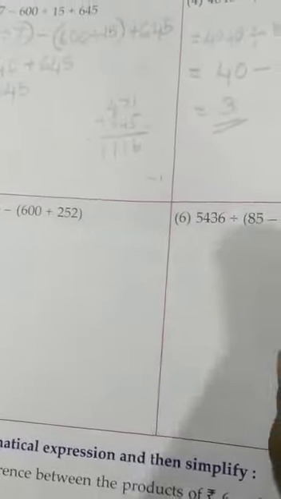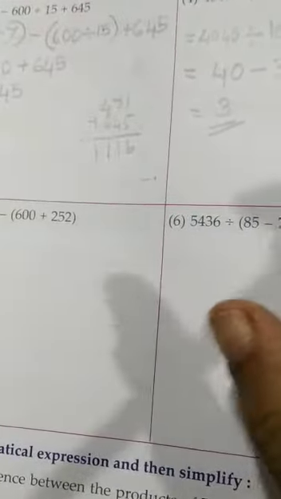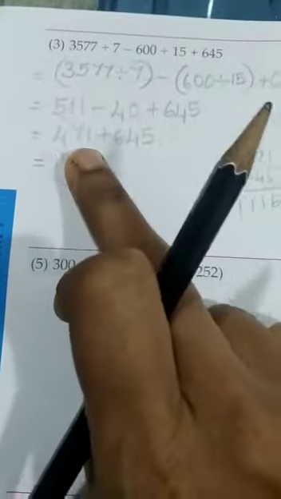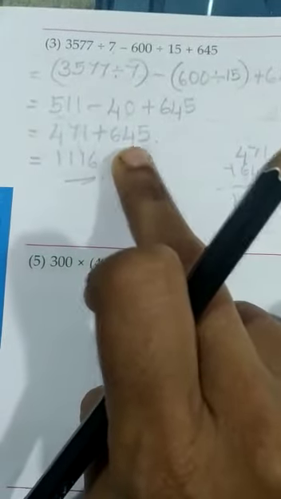Okay, this is simplification. So this looks very complex, but after using the right method, you'll be able to do it. Simplify the mathematical expression. This we have simplified to just 40 minus 37. This has been simplified to 471 plus 645.